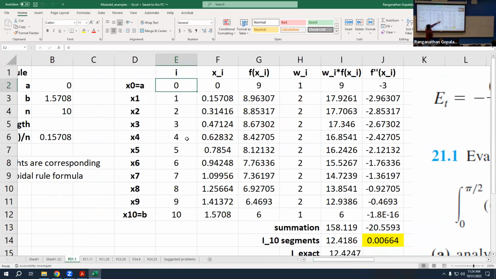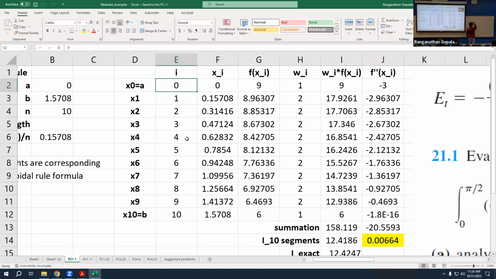You compute the value of the function at each of the x values, and then there is a weighting factor which corresponds to the trapezoidal rule that we talked about. So we multiply w and f of x, you get this column, you do the summation, and then what is the trapezoidal rule formula?